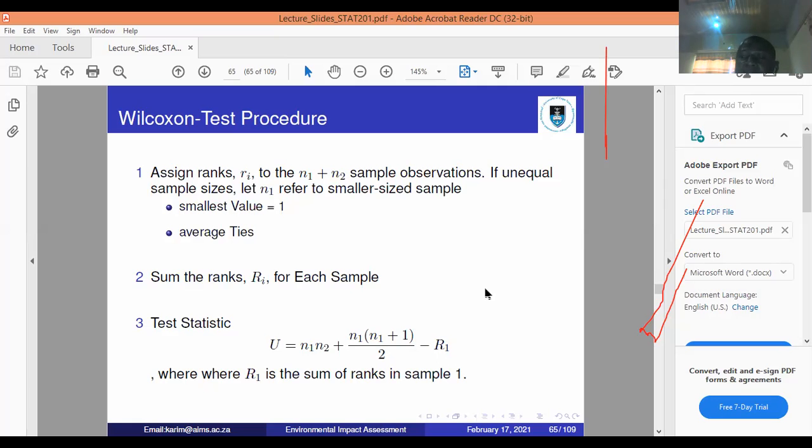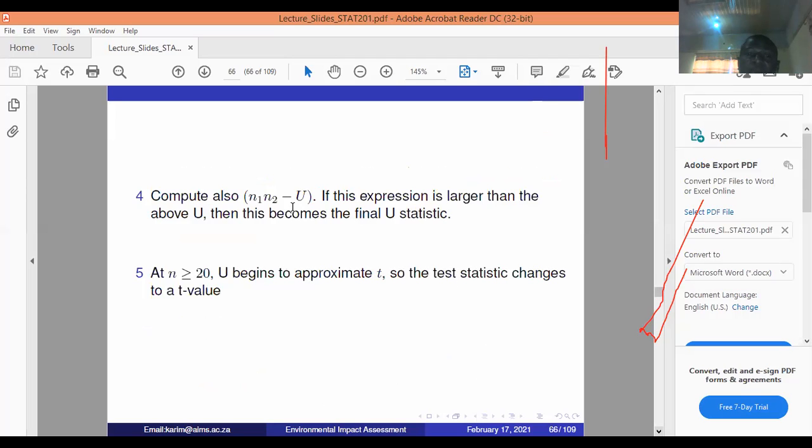So when you sum the ranks of sample 1 and you sum the ranks of sample 2, whichever of them has the smallest sum of ranks will be the R1. So where R1 is the sum of the ranks in sample 1, if we sum them and that one has the smallest rank, then that becomes the R1.